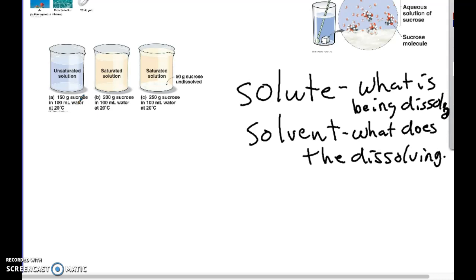But for example, in the air, you have just a bunch of air molecules all mixed together. Some of them are nitrogen and some of them are oxygen. Well, is the oxygen dissolved in the nitrogen, or is the nitrogen dissolved in the oxygen? Well, it's really hard to say. They're just two gases that are mixed together, and you can't really say that one dissolves in the other. So we would just say whichever one there's more of is the solvent.